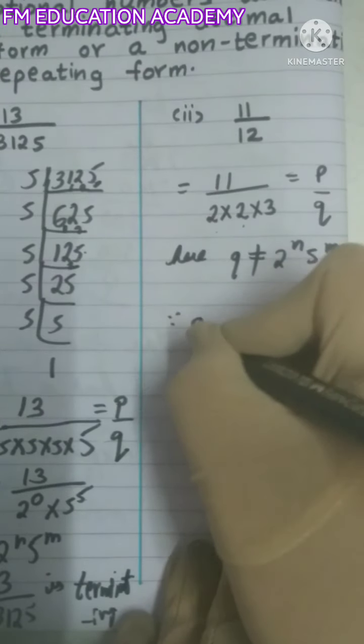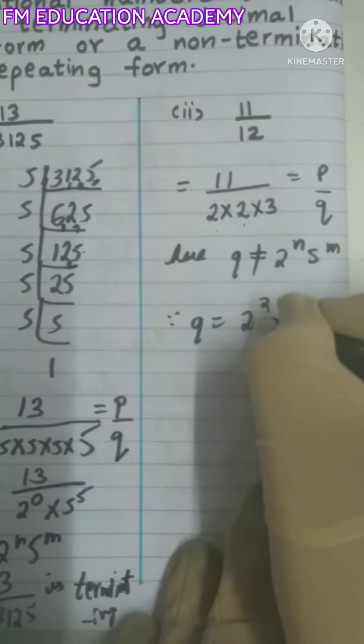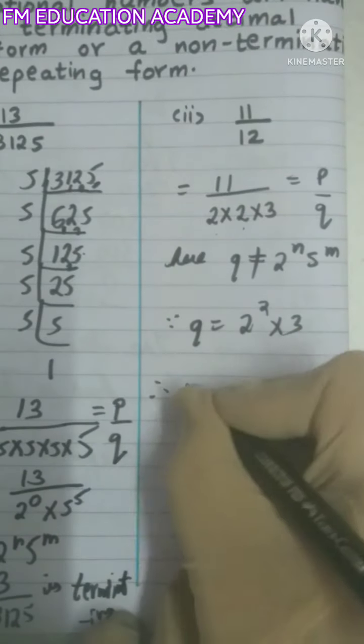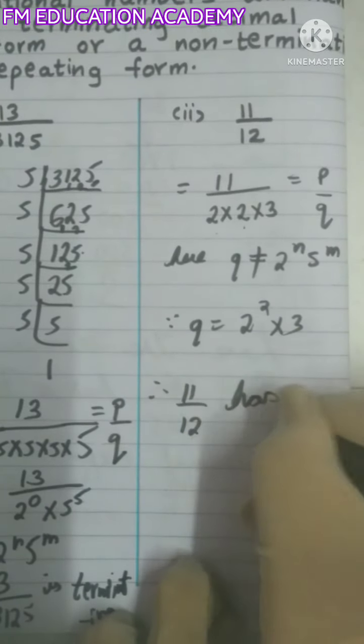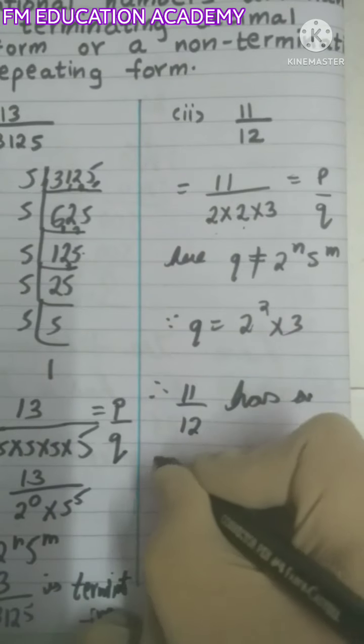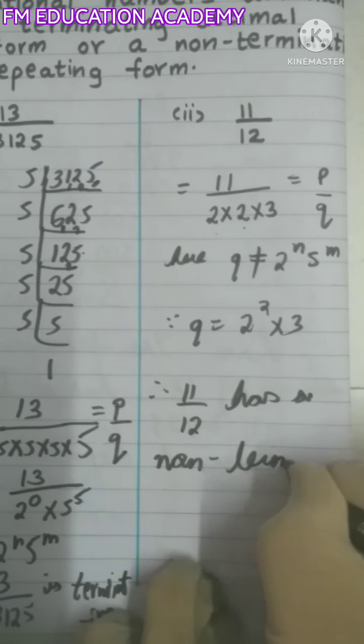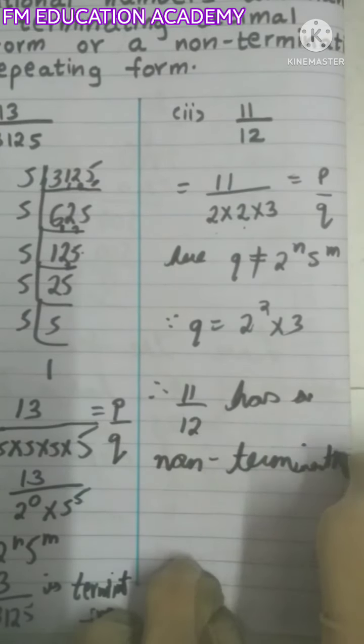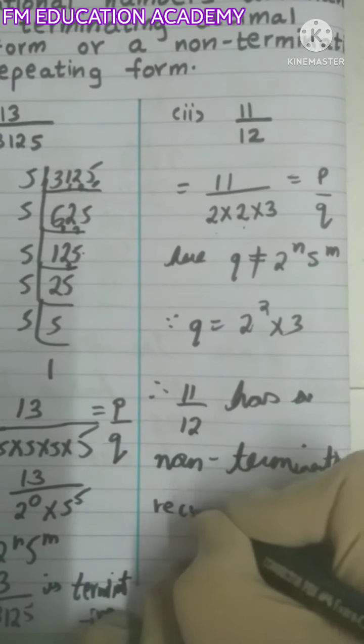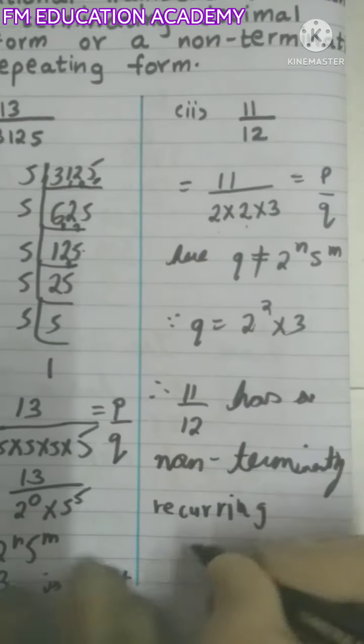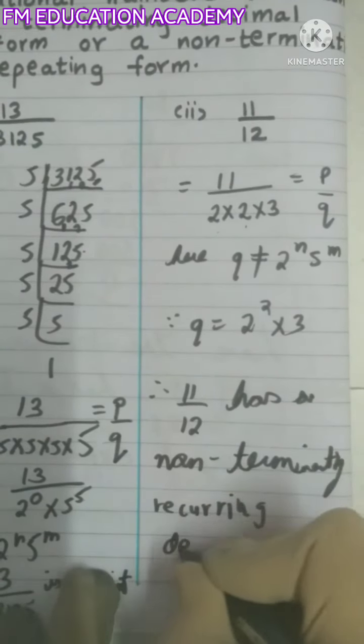Since what is Q here? 2 square into 3. Therefore 11 by 12 has a non-terminating recurring, means repeating, decimal expansion.